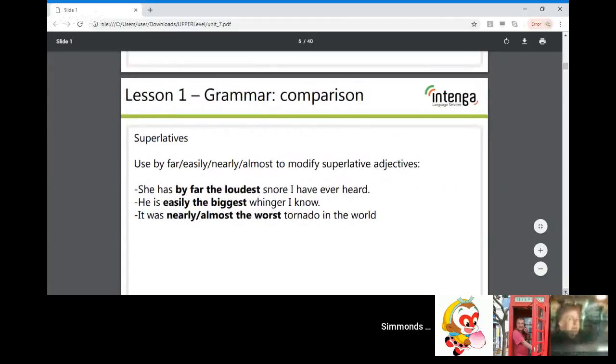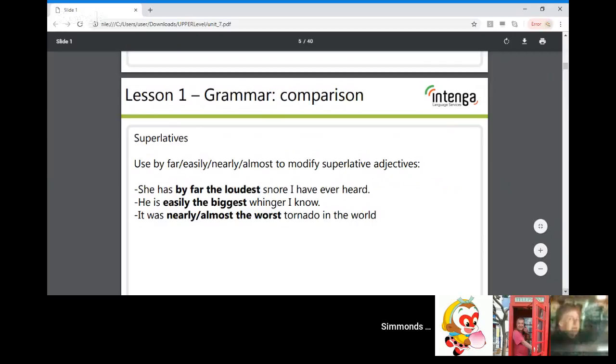So all right, I said Ken was going to read this one. So Ken, read about superlatives, please. Okay. Use by far, easily, nearly, almost to modify superlative adjectives. She has by far the loudest snore I have ever heard. He is easily the biggest whinger I know. It was nearly almost the worst tornado in the world.